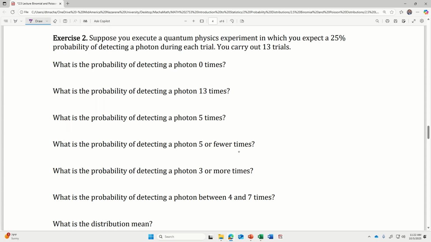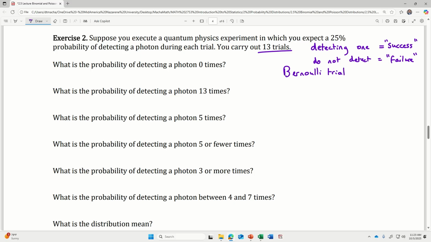Here's how to think about this question. I'm carrying out a number of trials for which there's a sense of having a success. Let's call it a success if we happen to detect a photon, and if we do not detect, let's pretend that's a failure. Then these become Bernoulli trials, where a Bernoulli trial is just a case where you've got a success or a failure and there's a probability of either one.